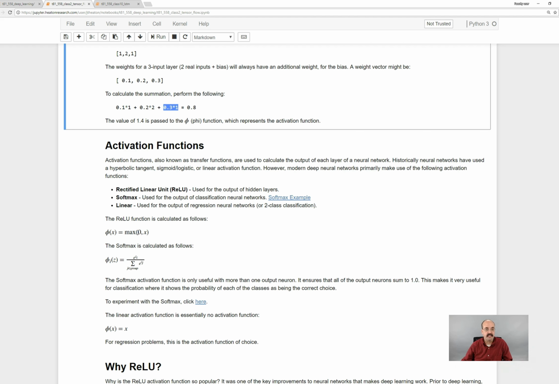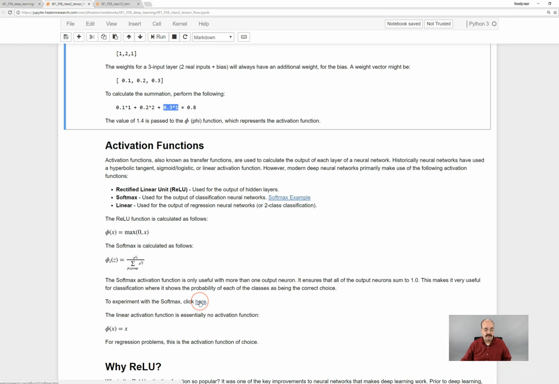So it's essentially linear greater than 0, or 0 when it's less than 0. All that the softmax does is take those multiple outputs. So if you had 3 classes, it ensures that those output neurons sum to 1. It effectively makes them probabilities.